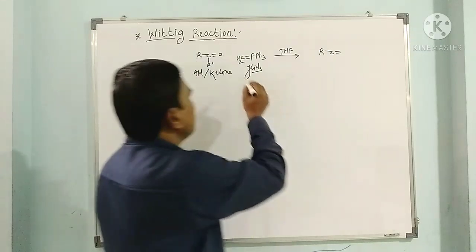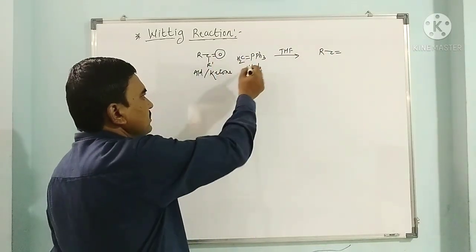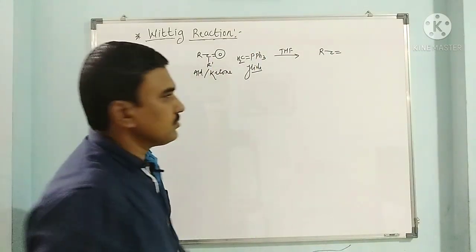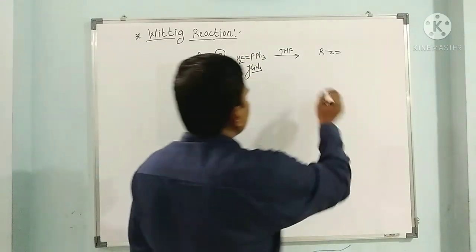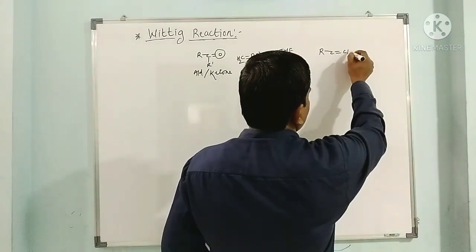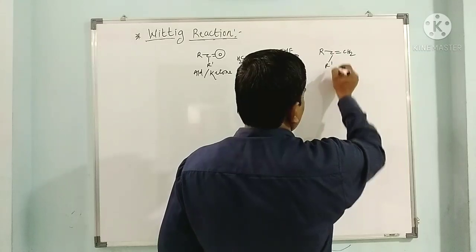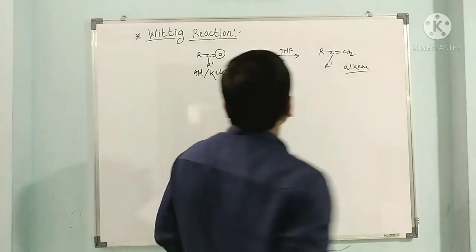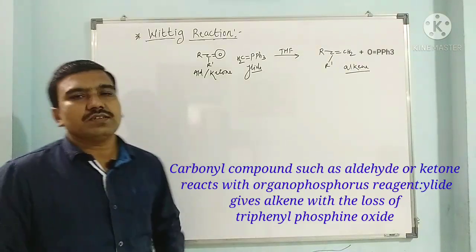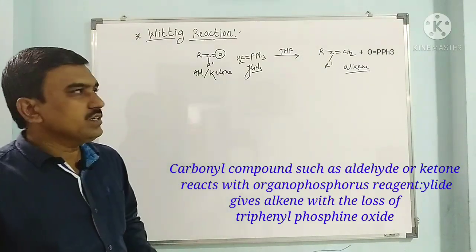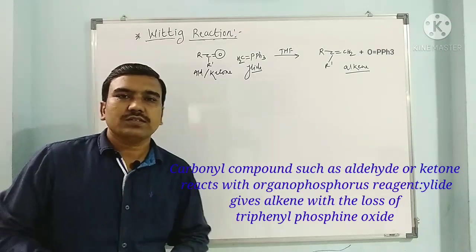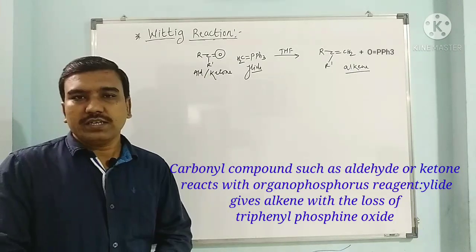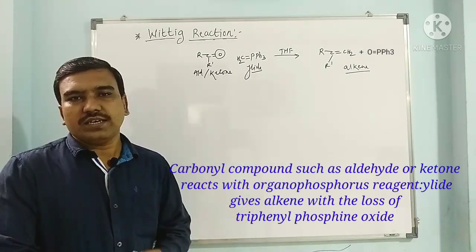Now here this oxygen is replaced by this carbon group, that is the alkylidene group. Here there is only CH2, so we get this CH2. So this alkene is prepared from this carbonyl compound. Simply the oxygen of this compound is replaced by the alkylidene group and gives alkenes as a product.